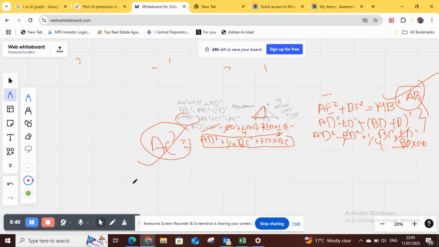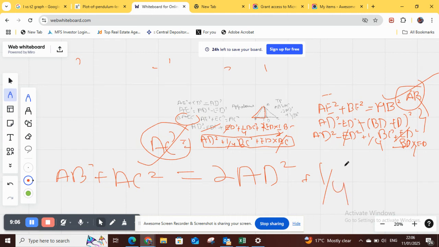By adding that we are getting 2 AD square. Then the fun part will be that this ED into BC and this ED into BC, if we are adding, will get cancelled, and we will be getting 1/4 BC square plus 1/4 BC square.